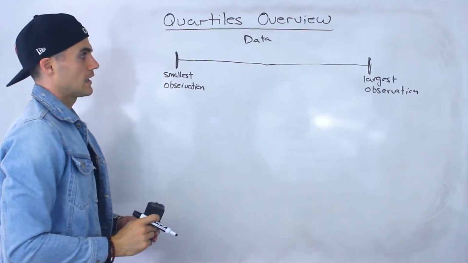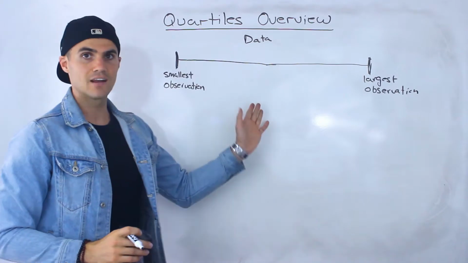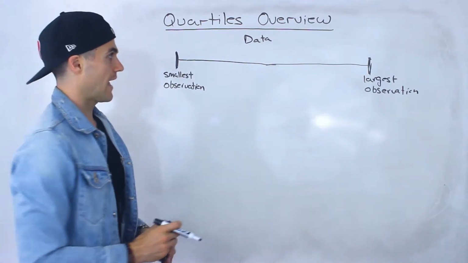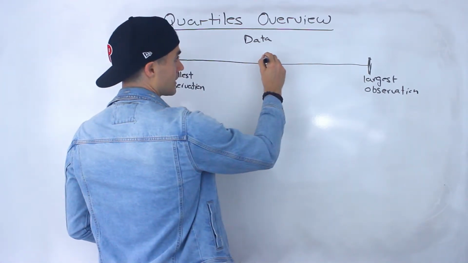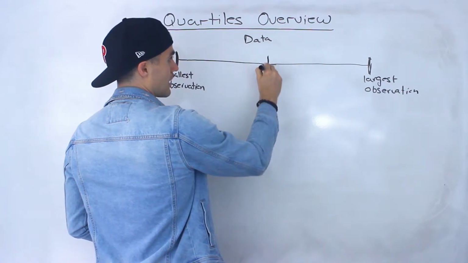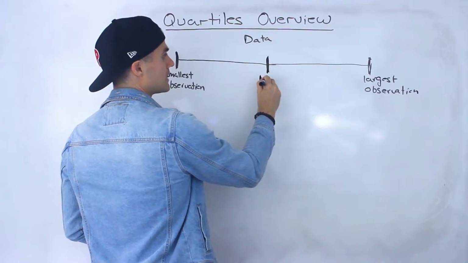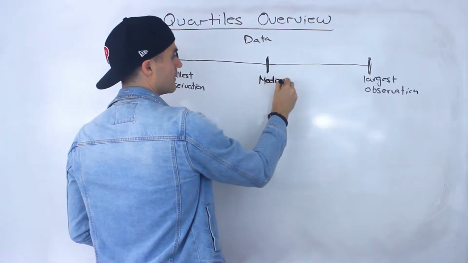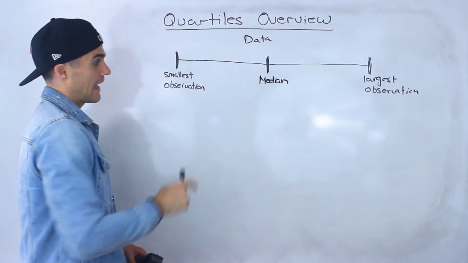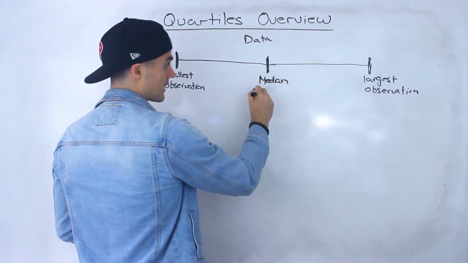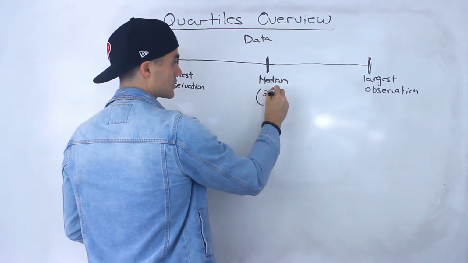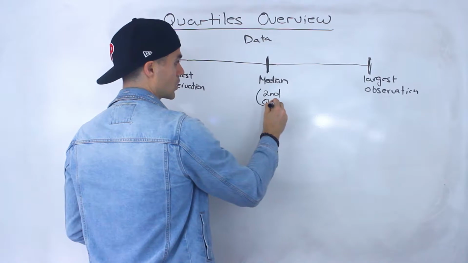Well, what quartiles do is split the data up into groups. And the first way to split it up is into two halves. And so what we would do is find the median of the data. And the median of the data is actually the same as the second quartile.